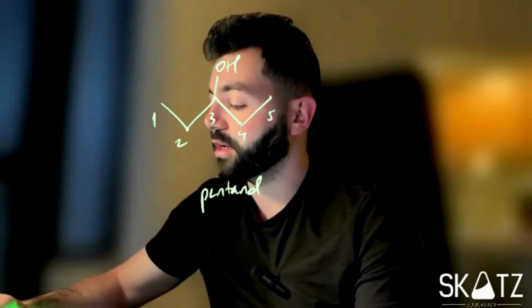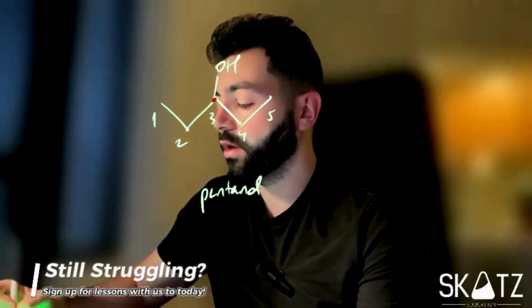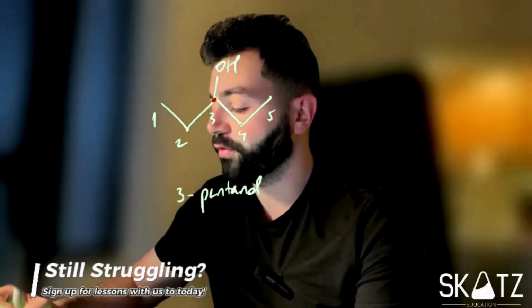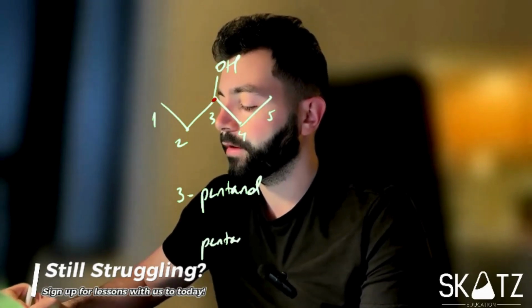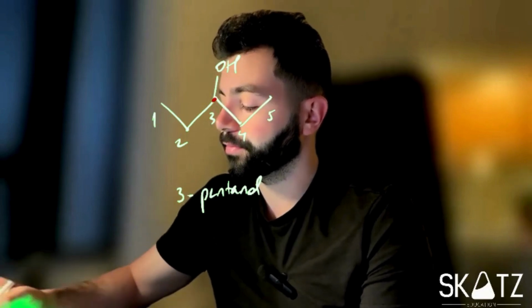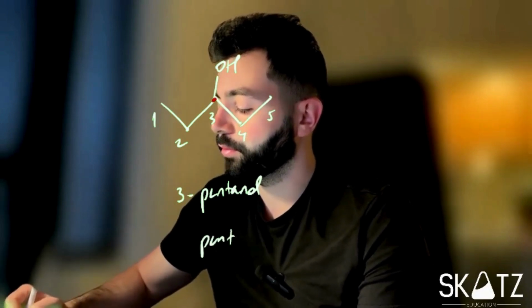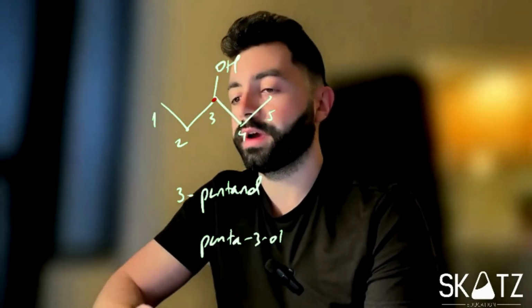And since it's sitting on the 3rd carbon, we have to show that within the name. So how do we do that? You want to put the number 3 before the parent chain name, or you can even put it in front of the ol ending. So you can put penta-3-ol. Either of these is correct.